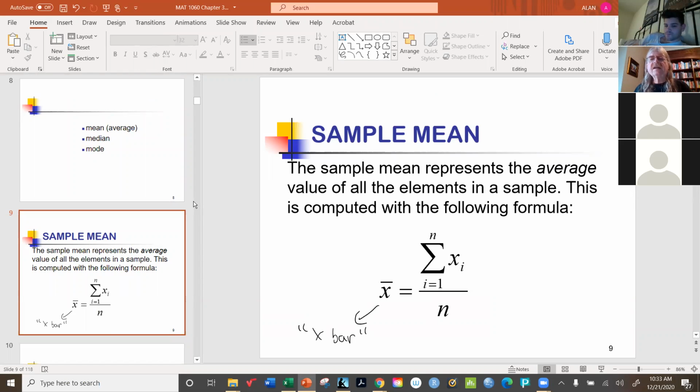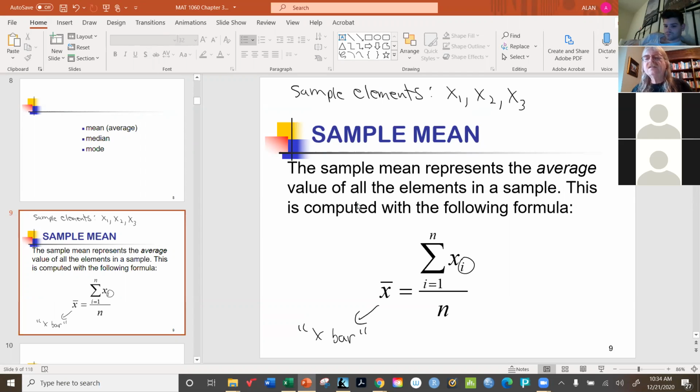Now, why is it called X? We're assuming that we have a sample of data, and the sample elements themselves will be referred to with an index. So in other words, let's say we have 3 elements in our sample. The sample elements, whatever they are, would be referred to with an index, by which I mean X1, X2, and X3. So the subscript is telling me which element I'm referring to.